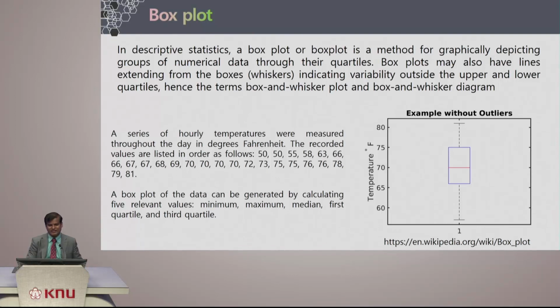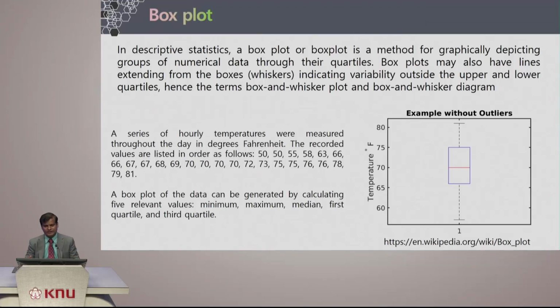Box plot. It's another interesting plot. In descriptive statistics, the box plot is a method of graphically depicting groups of numerical data through their quartiles. The box plot may also have lines extended from the box or boxes, indicating the variability outside the upper and lower quartiles.